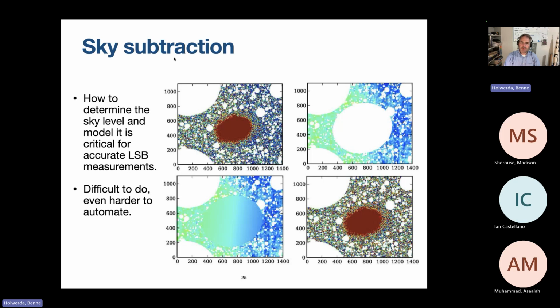Often you first have to block off, as you see with all the circles here, any star, anything that's actually a source, and then try to determine if there's any gradient in the light, because often one side is a little brighter than the other, so you actually get a gradient, not a flat value. And once you model that correctly, then you can subtract it. This is very hard and difficult to do, especially to automate.